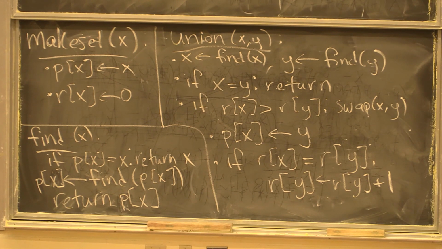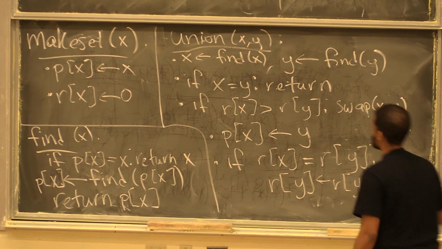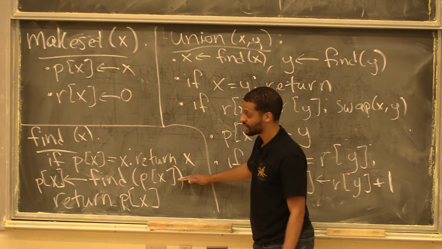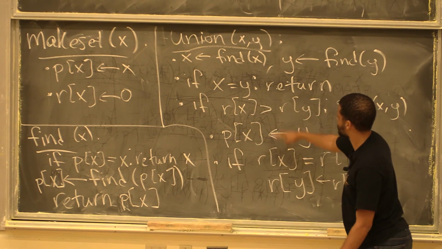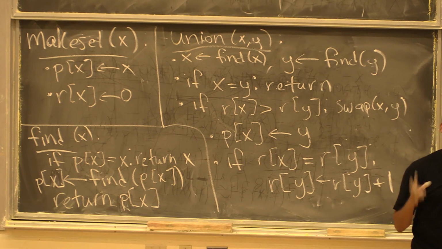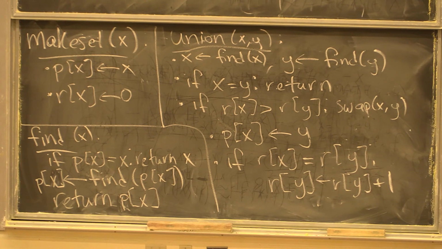Okay, so that's it. That's the disjoint forest data structure with both union by rank and path compression. This line is the path compression. And the fact that I make sure that the rank of x is smaller before I change the pointer, that's union by rank. Okay?